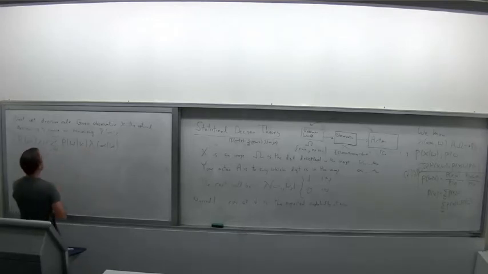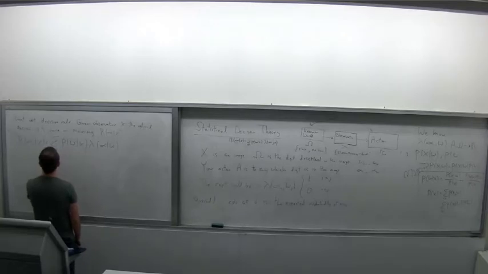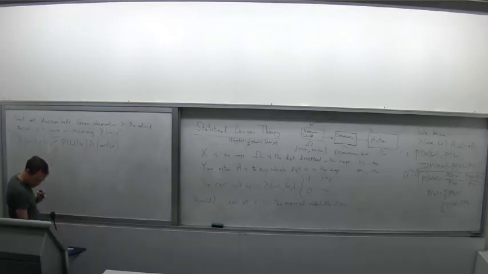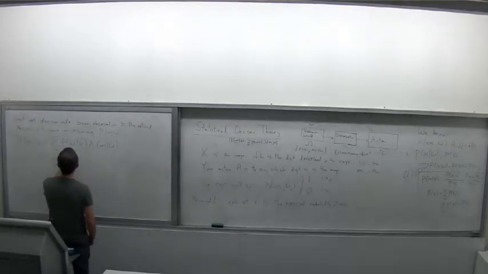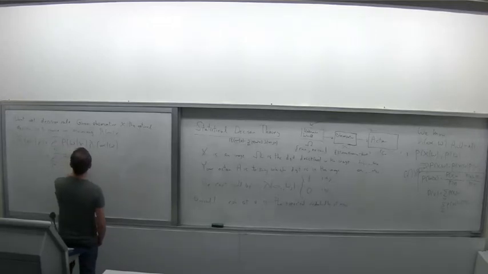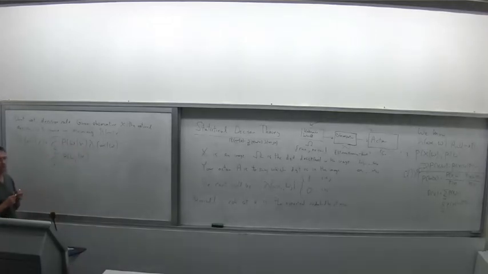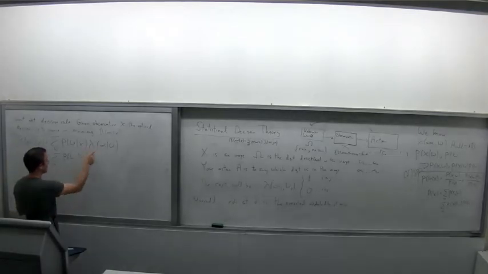So I just need to sum over all omega j, over all j not equal to i, of P of omega j given X. So I sum over all the digits that are not the one corresponding to this action.